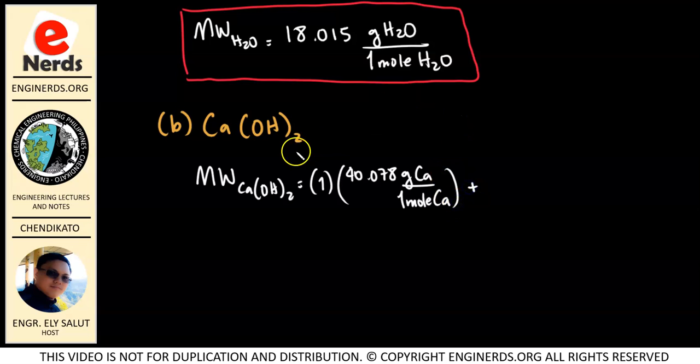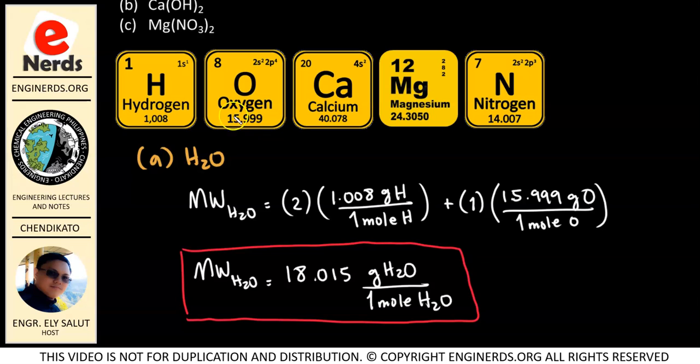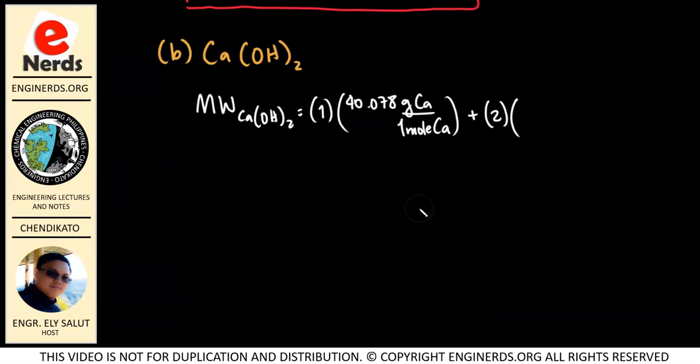Then plus, how many atoms of oxygen do we have? Only 1, but it is inside the parenthesis. So we need to multiply that to the subscript outside the parenthesis. So 1 times 2, we have 2, no? So 2 times the molecular weight of oxygen, which is, or atomic weight of oxygen, which is 15.999.